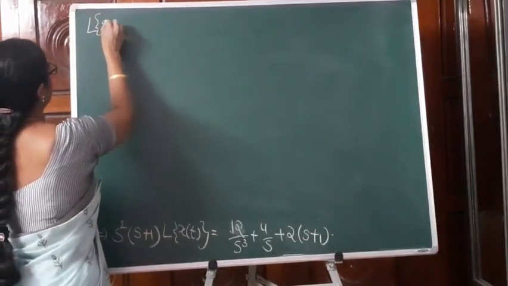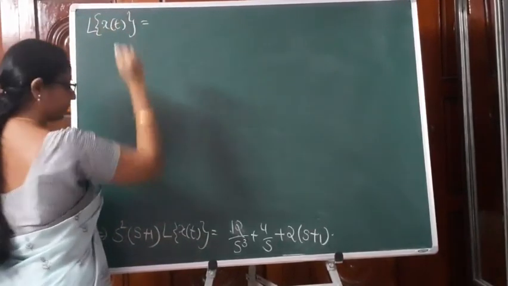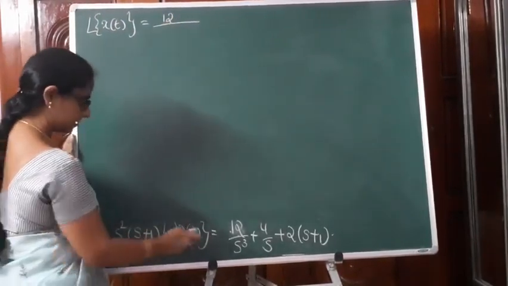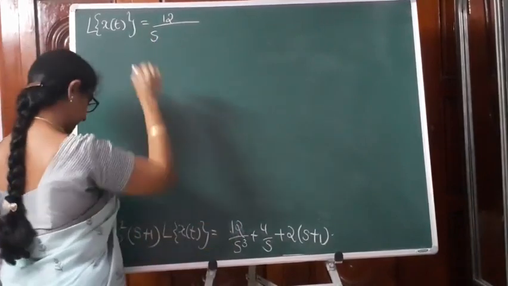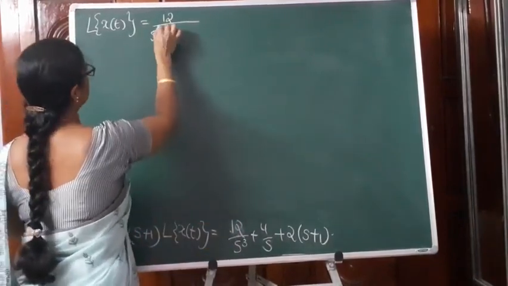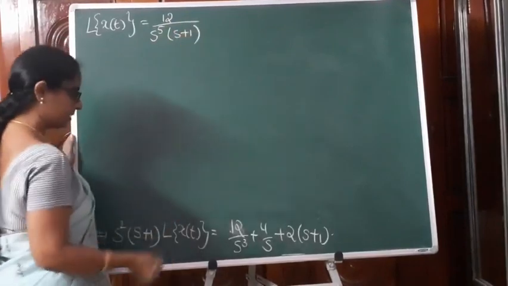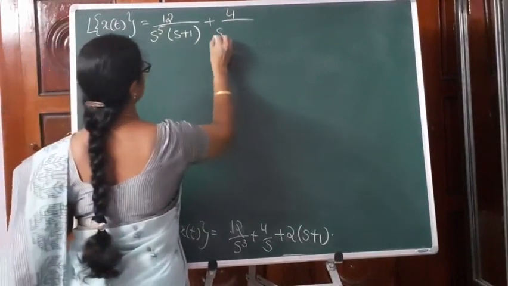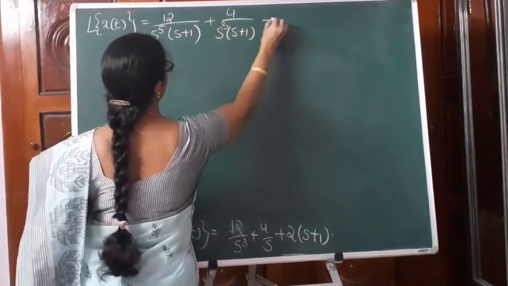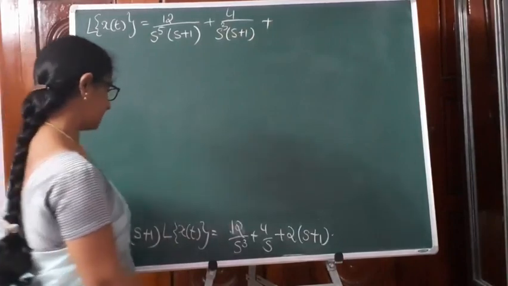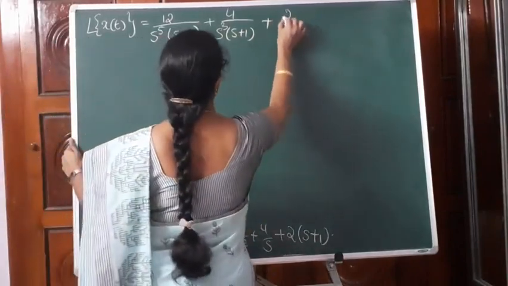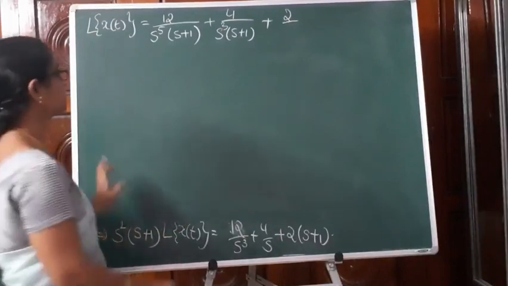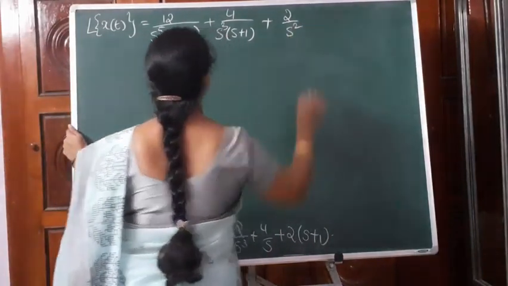L of x of t is equal to 12 by s square into s plus 1 into s cube, which is s power 5 into s plus 1, plus 4 by s cube into s plus 1, plus 2 into s plus 1 by s square into s plus 1. S plus 1 gets cancelled and we have s square here.